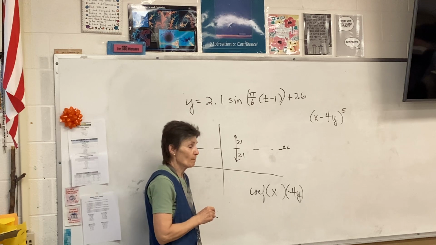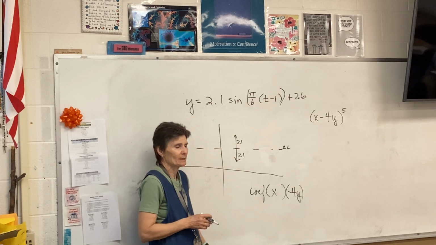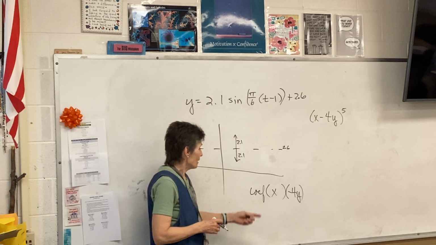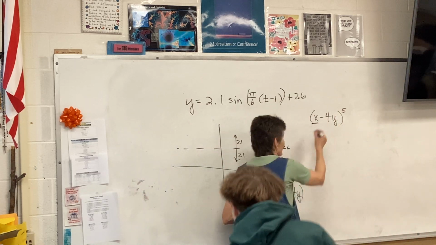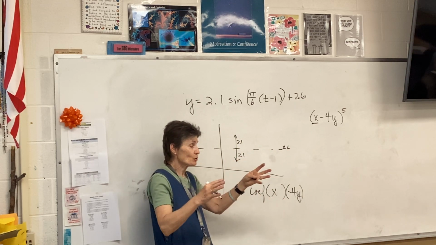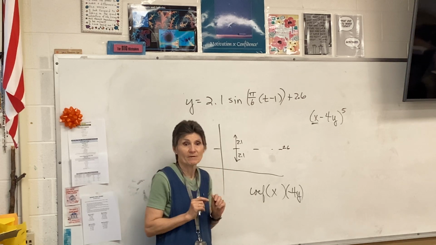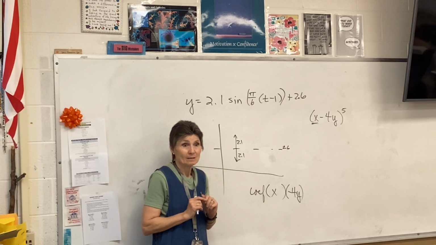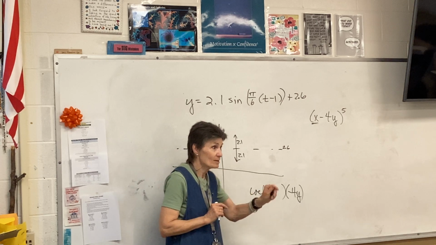We know from our previous work, and just from thinking about what happens when you FOIL something like x plus y squared, that the powers on x, the first part of the binomial, are going to decrease down the line. So in the first term, if you multiplied all that out, the first term would be x to the fifth, right? The next term would be x to the fourth, and so on.